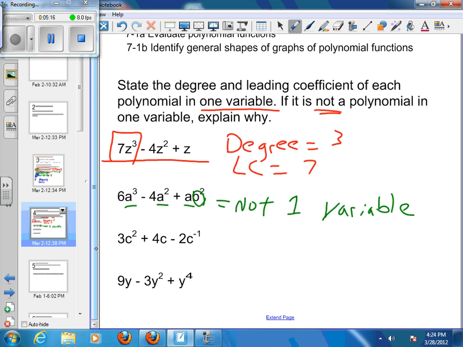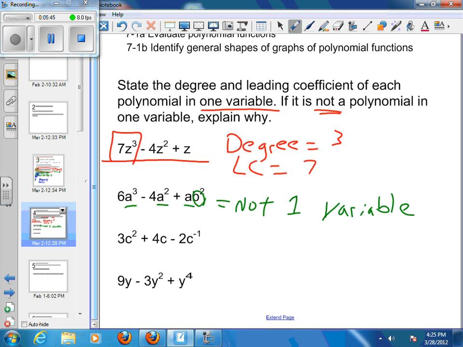Let's look at the next one. First, does it have a variable? And that would be a yes. It's got c, c, and c. Next thing, something we haven't really talked about, but I need to get here, is that we can't have 1 over c. 1 over c would be putting it in the denominator, and that would not be multiplying by it, that would be dividing by it, and it makes a huge change in our function.